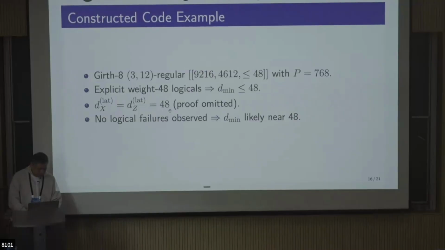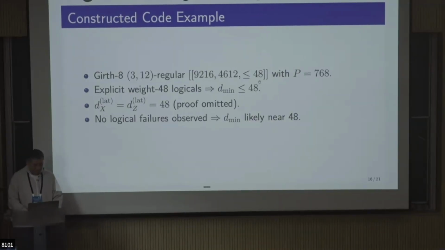So we cannot say anything about the true minimum distance, but it is only an upper bound on the minimum distance. So the true minimum distance could be 10 or 12.